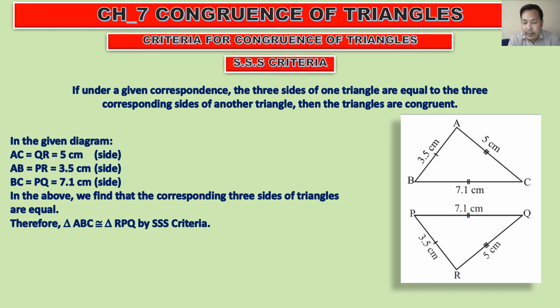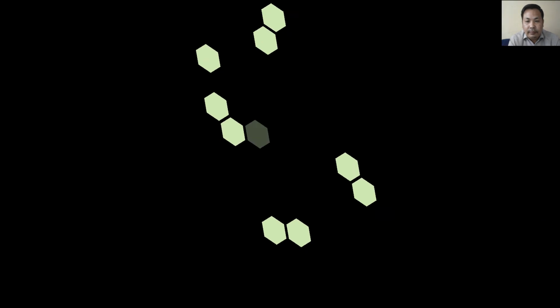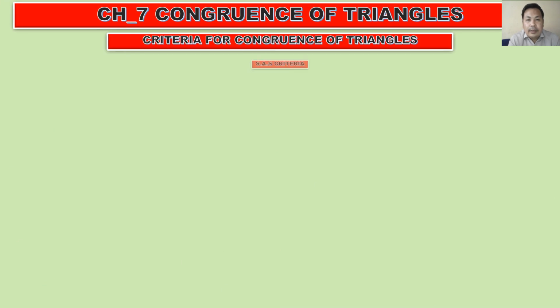Now let us see the next criteria. In the next criteria we have SAS criteria. SAS criteria means side, angle, side.